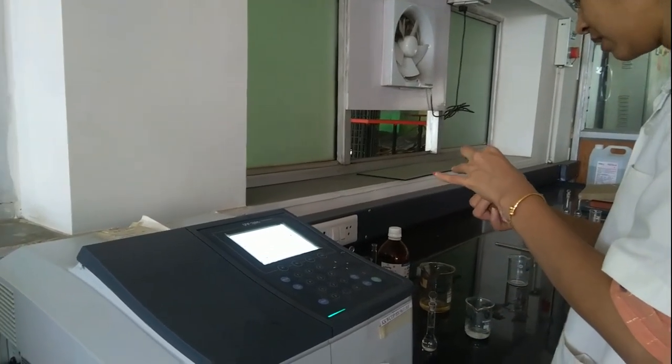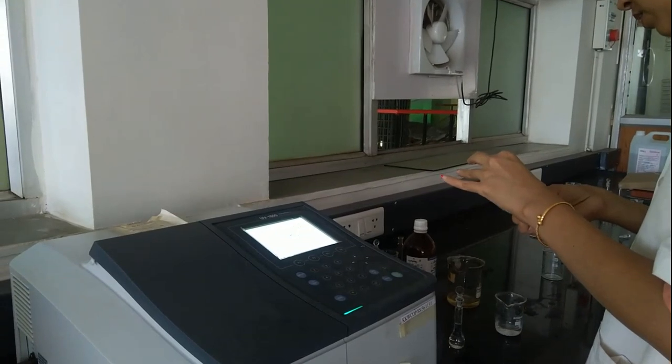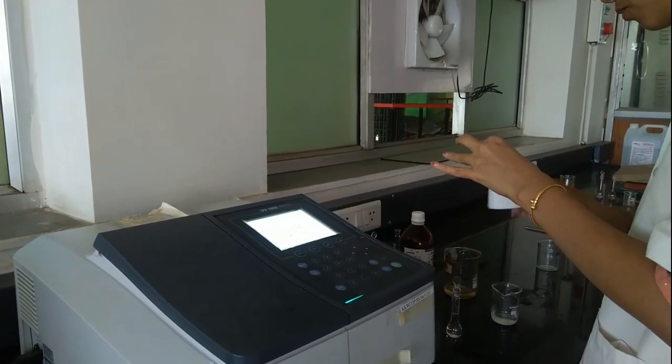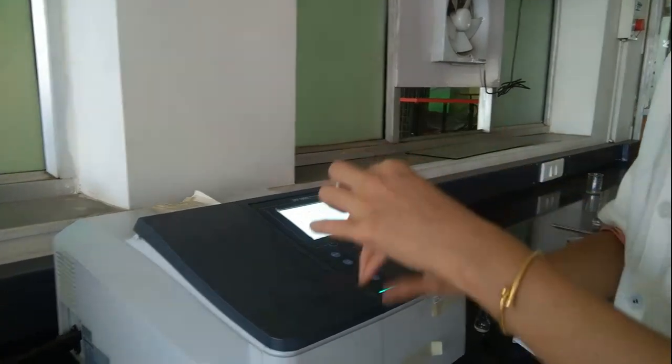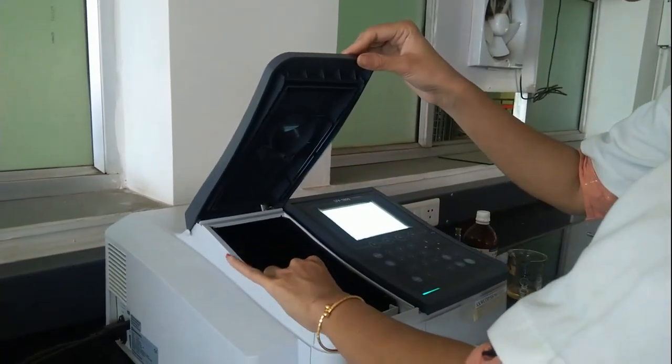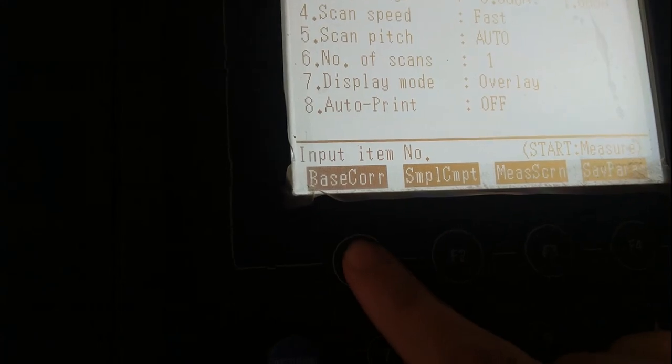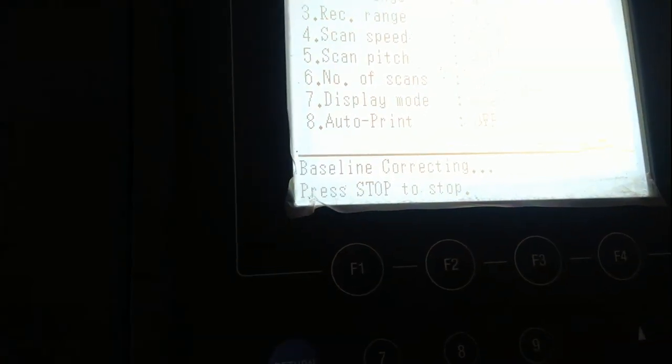Now see, while filling it is okay to fill up to 70%. If you try to fill it fully, what will happen? The solvent may come out from the cuvette and it will contaminate the outer surfaces. So I have placed both the cuvettes containing distilled water in both the cells, this reference and our sample. Now again you can see here functions. We are going to do baseline correction so as to remove solvent interferences.